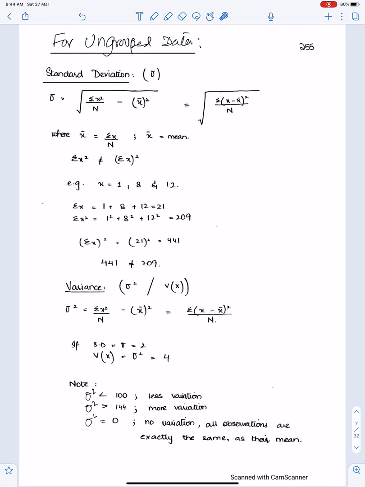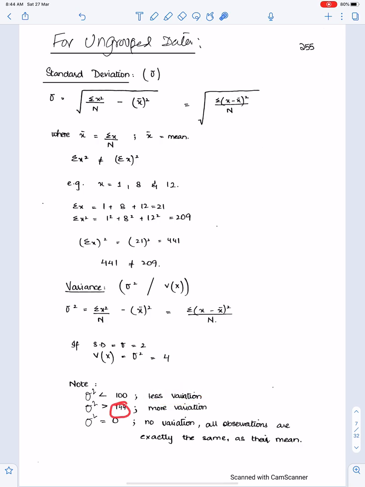Well, these are the ranges of variance. Normally, if sigma square is less than 100, then we assume that variance is small and there is less variation. The observations are less scattered from their mean.